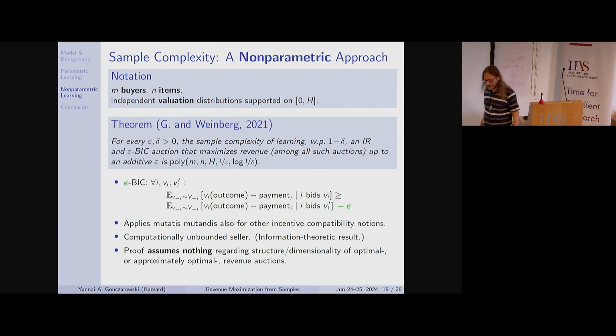So I was going to ask which of these caveats, like 1 minus delta and epsilon BIC, are really necessary for this result. As we discussed yesterday, maximizing revenue up to epsilon is needed because you don't see the perfect distribution.